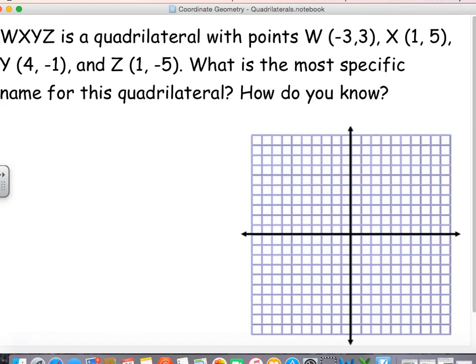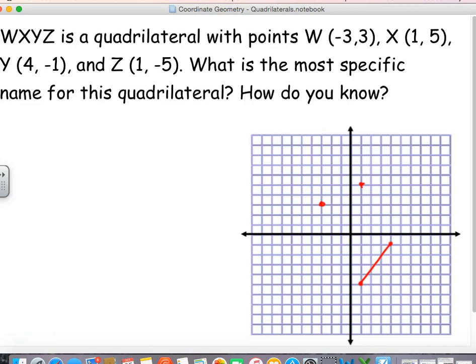All right, so similar, we've got W at (-3, 3), and X is (1, 5), and then Y is (4, -1), and Z is (1, -5).